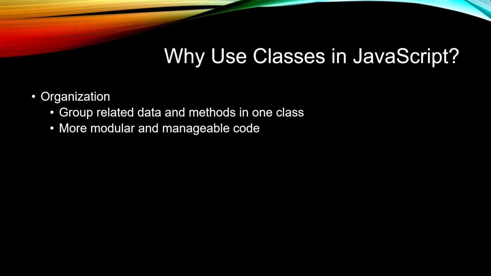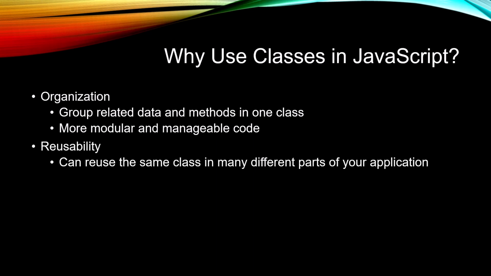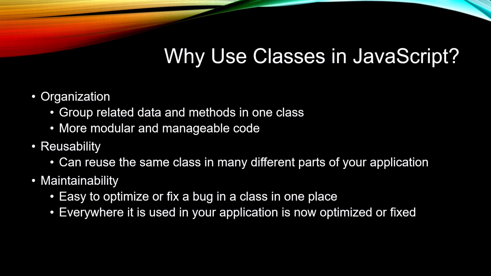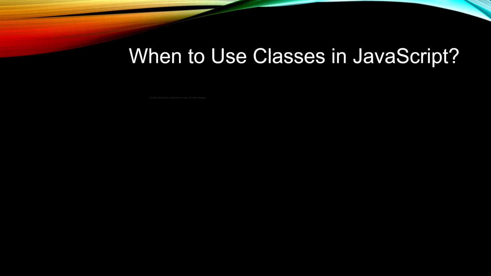Organization. We're grouping related data and methods in one class. This makes your applications more modular and manageable. Reusability. We can reuse the same class in many different parts of your application. Again, you're not duplicating any code. Maintainability is a huge thing. It's easy to optimize or fix a bug in a class, and that way you're only having to make that change in one place, because when you make it in one place, everywhere it's used in your application is now optimized or fixed.